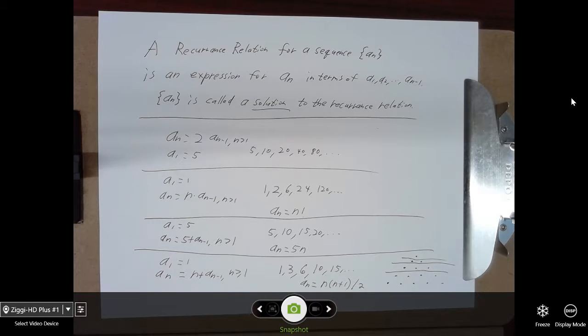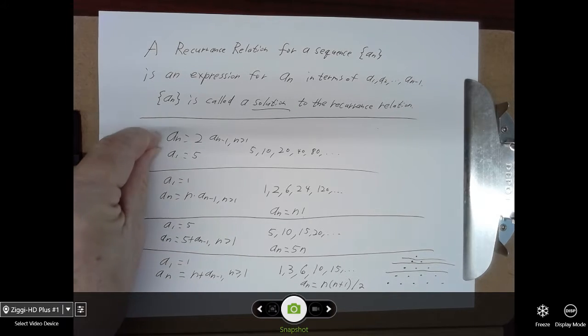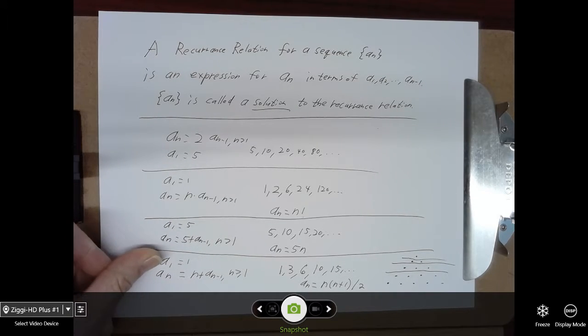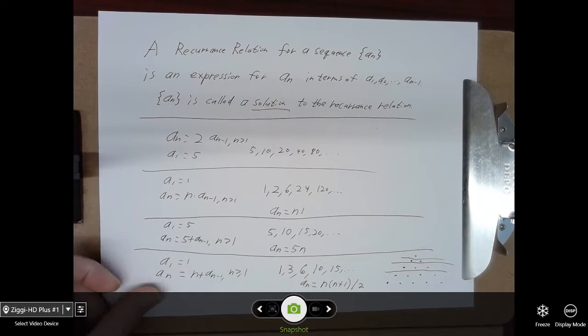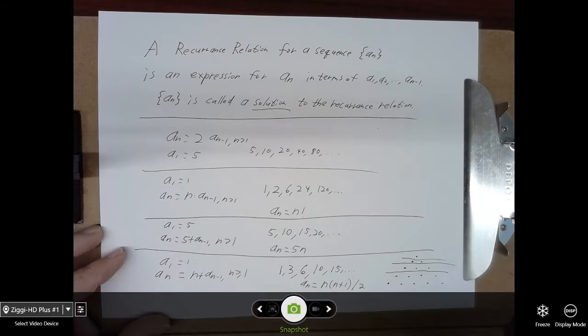So there's some back and forth between what's going on in the sequence and what's going on in the solution of the recurrence relation. Expressions like this, where we have some sort of base case and some expression of the nth term in terms of prior terms, recurrence relations, we're going to encounter a lot starting later on this week and all of next week. This is going to tie right into mathematical induction, which is where we're heading with all of this.